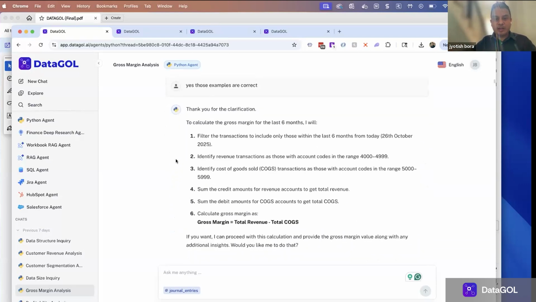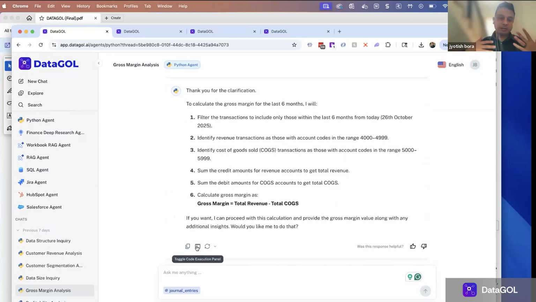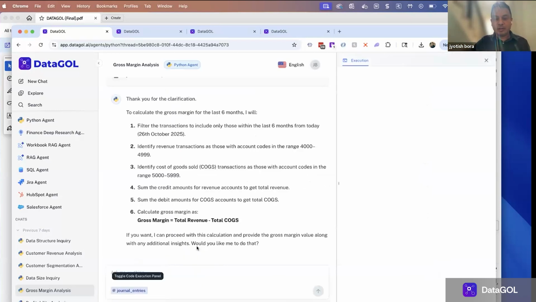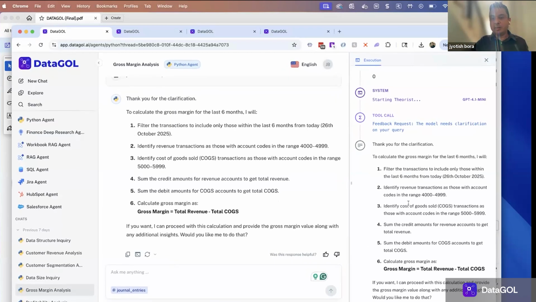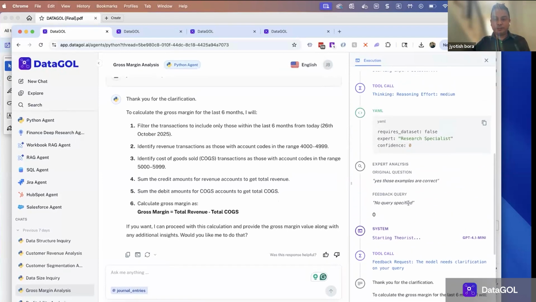At any point, if you want to look at the internal processing, or how the agent is thinking and doing the processes behind the scenes, you can always use Toggle and look at the internal processing, and how the agent is thinking through tools, agent calls, or LLM calls, on the side panel.